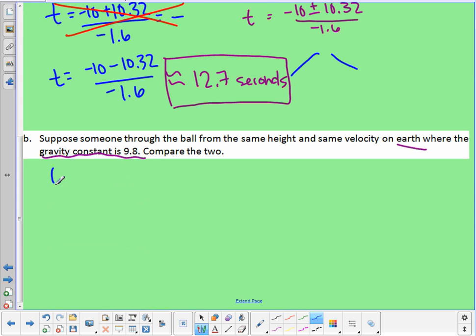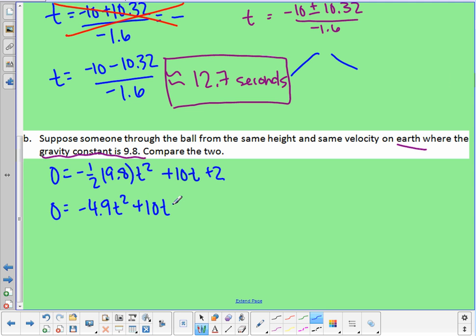I've got 0 equals -1/2 times 9.8 t squared. And the rest of it's the same, plus 10t plus 2. So I've got 0 equals -4.9 t squared plus 10t plus 2. And that's the equation that I'm now working with.